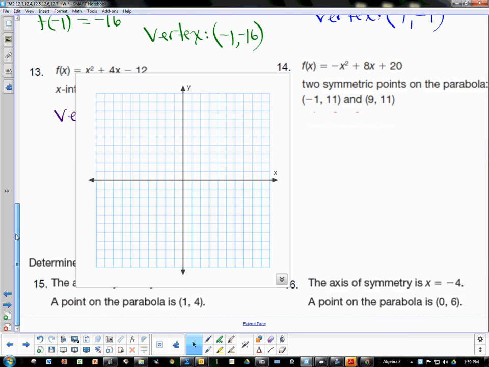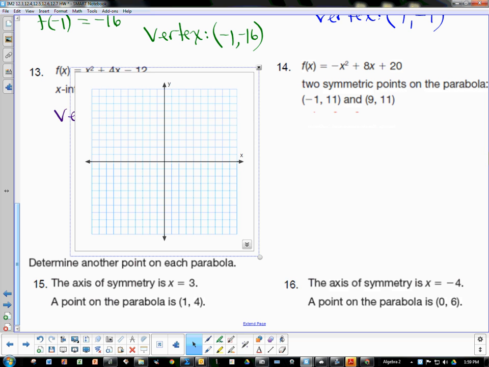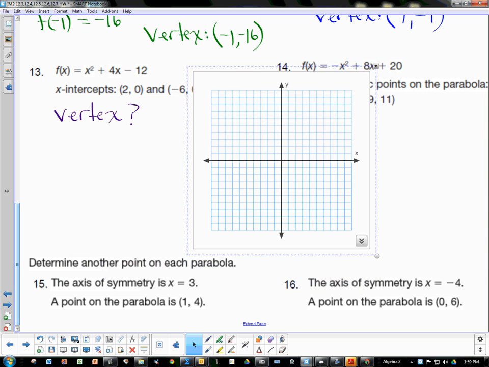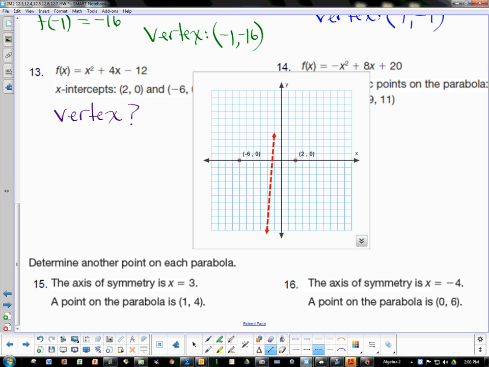So we'll get out a graph. And let's talk about this for a moment. We have 2 comma 0, and it looks like -6 comma 0. There it is. Now directly in between, so about right here, is my axis of symmetry.